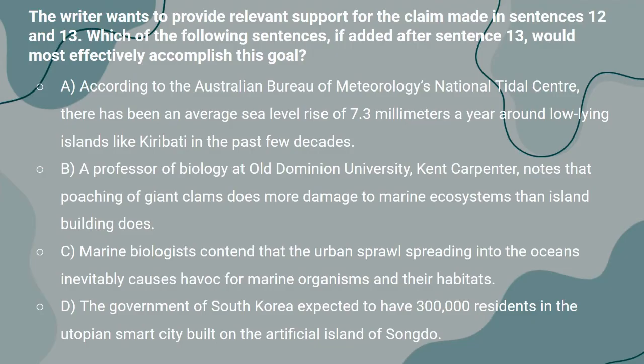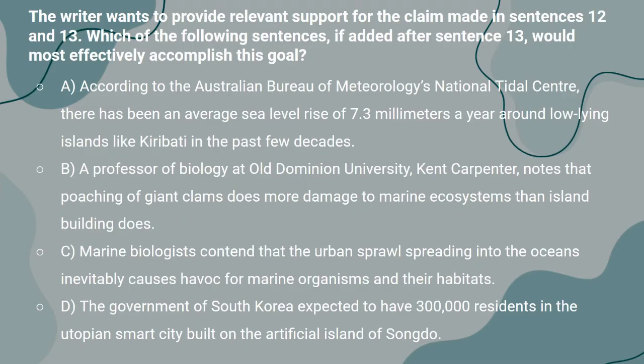C: Marine biologists contend that urban sprawl spreading into oceans inevitably causes havoc for marine organisms and their habitats. This is a very good answer, so let's keep it on the table because it's a negative response. And D: The government in South Korea expected to have 300,000 residents in a utopian smart city built on the artificial island of Songdo. This is more of a positive thing again, so let's get rid of D. So we're between A and C at this point.